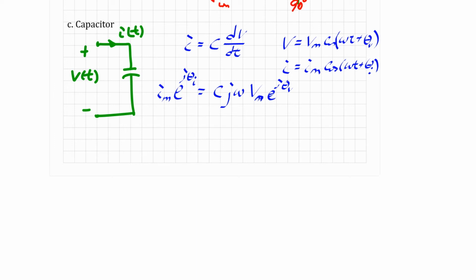On this side here, e to the j omega t, we just ignored it. And we also figured out that the j is the phase angle 90. So we're going to put this in here.